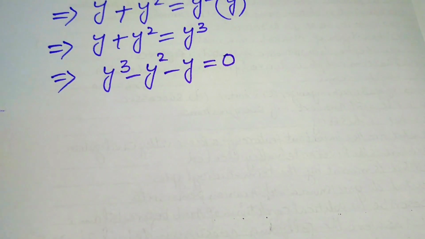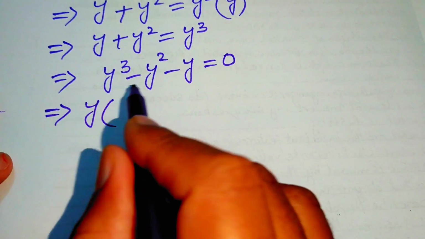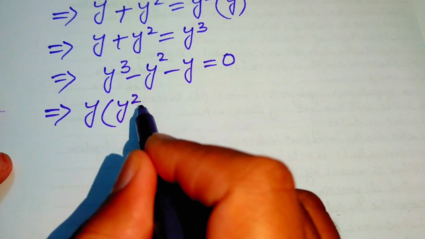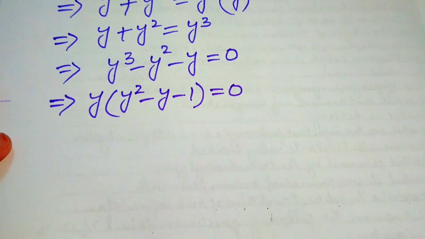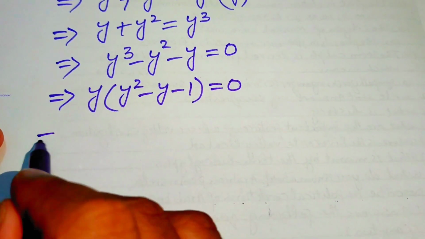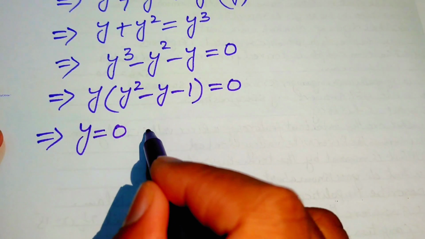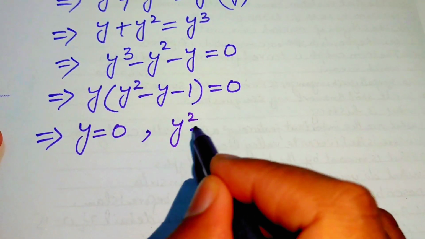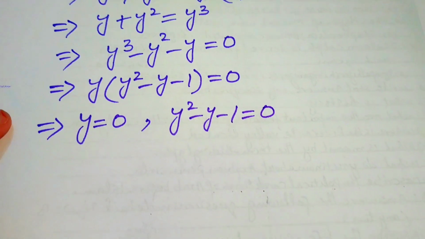Here we see that y is the common term, so we take common y and obtain y times y squared minus y minus 1 equals to 0. In the next step we divide this into cases: the first case is y equals to 0, and the second case is y squared minus y minus 1 equals to 0.